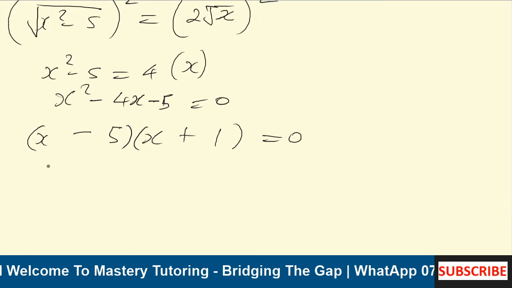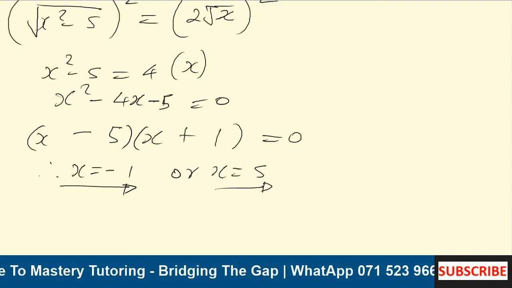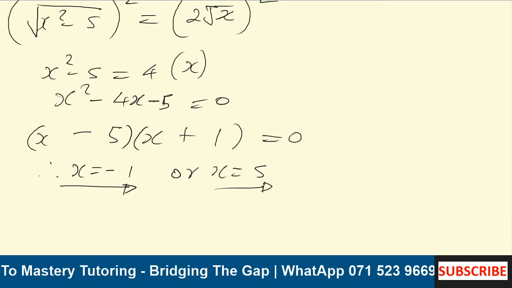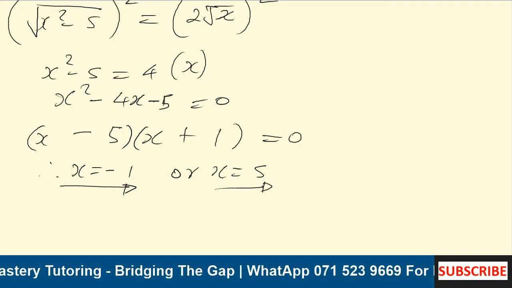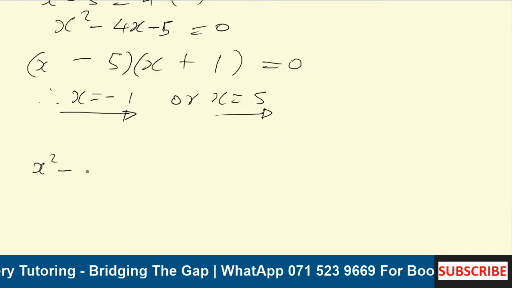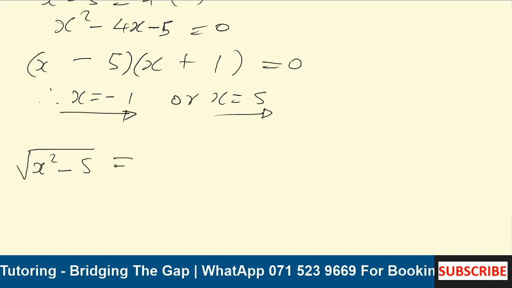But now when you look at this, if you were to take negative 1 and put it in the square root sign there, what answer would you get? This is the question that you need to ask yourself after solving this part of the question. It was given to us that x squared minus 5 under a square root sign should be 2.